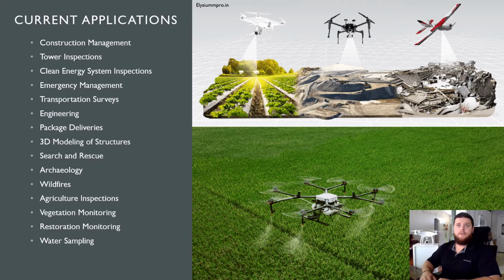We're sort of getting to the point where you name it, you can do it with a drone. And a lot of times it's safer to use a drone than it is to use an individual, say to go down into an open pit mine or a rock quarry to assess maybe the slope of the sides of your pit. We can use a drone to assess that.